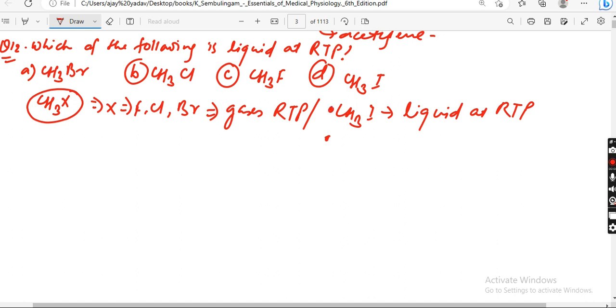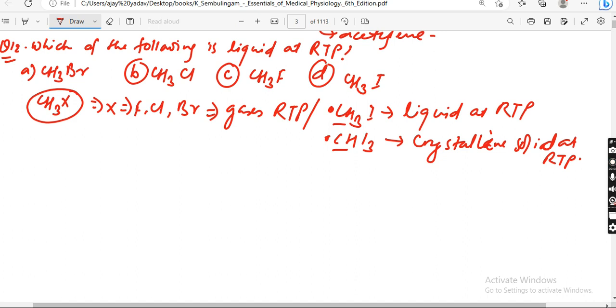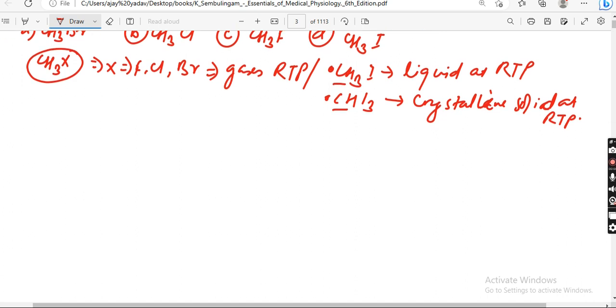But you may be confused, like CHI3, between this and this. So this is actually a crystalline solid. Iodoform is a crystalline solid at room temperature. Okay, you must understand this.